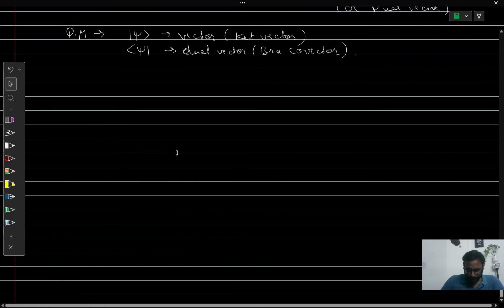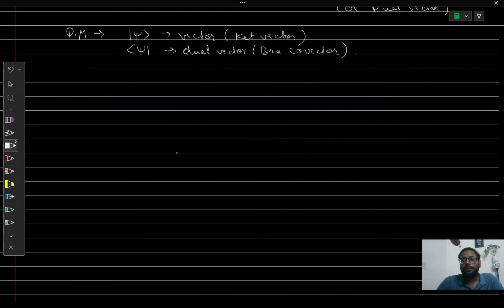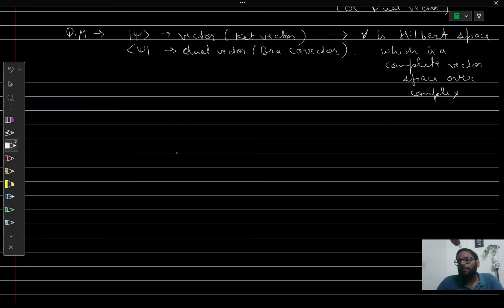Now, this is a vector, and what is the vector space? It is a Hilbert space, which is a complete vector space over the complex field. Complex field means complex numbers.